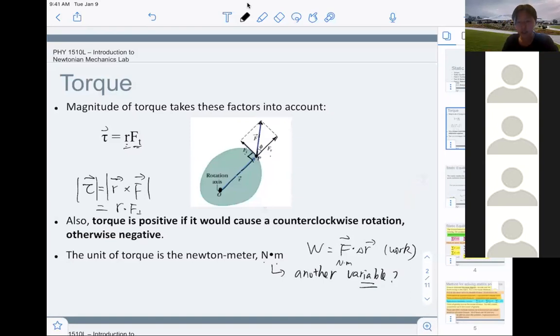That's why torque and work have the same unit, Newton times meter. But you can also say work has the unit of joules because work transfers energy. For torque, we are not going to convert this to joules. Why not? What's the difference between torque and work?